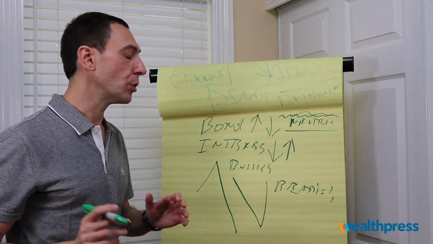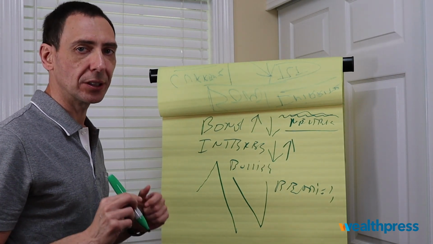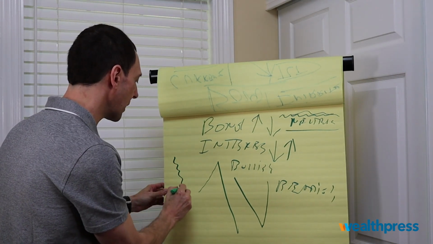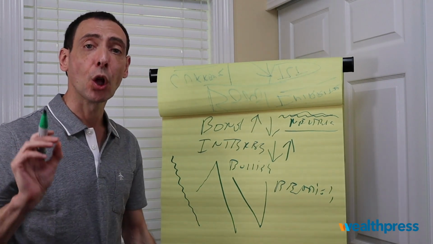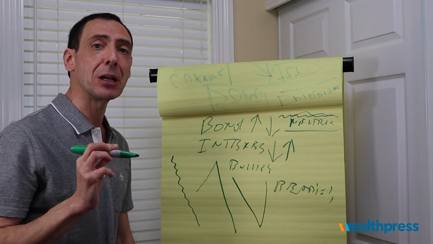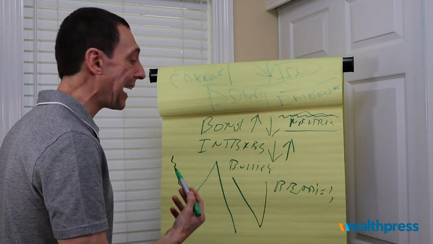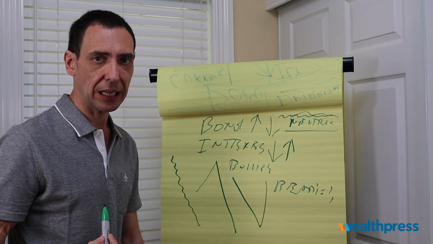So, what do you do? Don't enter the stock market when the bonds are trending lower, or lower your position, because that's telling us that traders are going to be going long interest rates, putting their money into interest rates and not into stocks, okay?